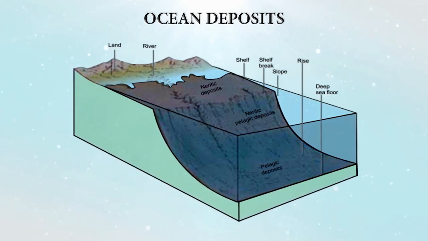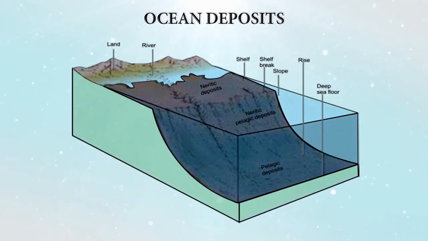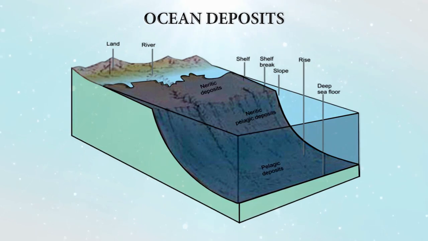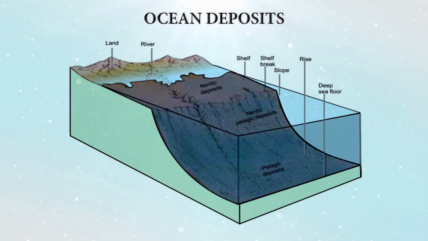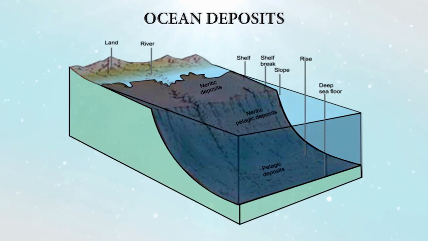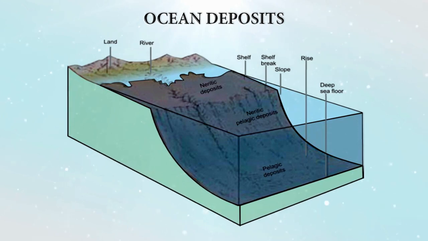Then the deep sea plain, the deep sea oceanic area, is dominated by the pelagic deposits, and the shore area or continental shelf area, the shallow water area, is deposited by the continental or terrigenous deposits.